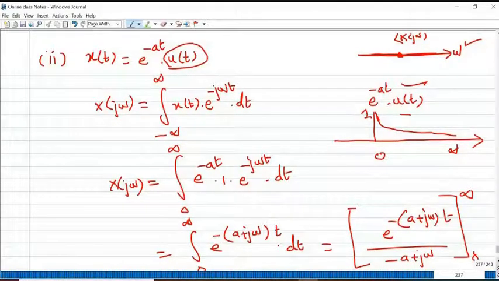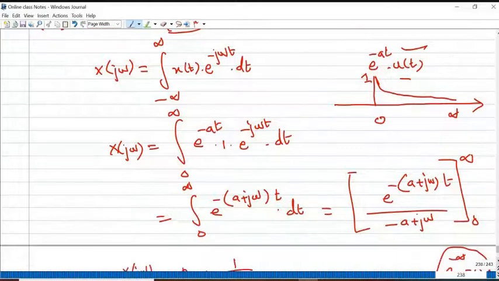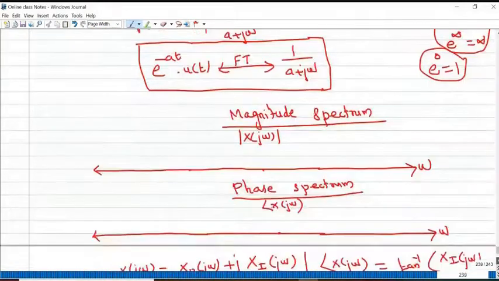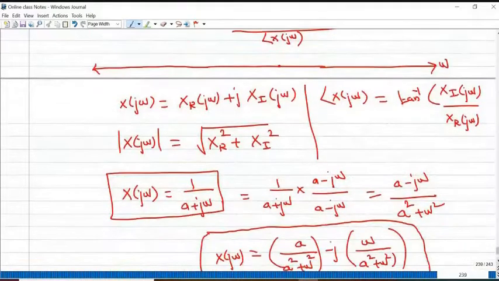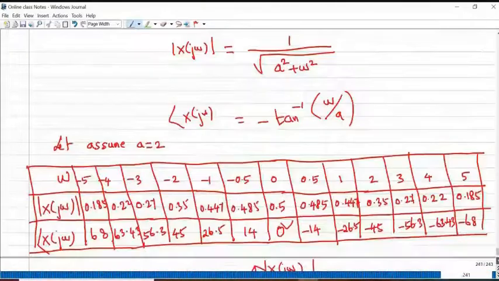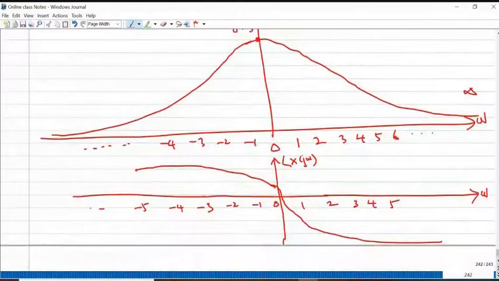In continuous time Fourier transform, both the magnitude spectrum and the phase spectrum are continuous: omega versus modulus of X(j omega), omega versus angle of X(j omega). So after finding your X(j omega), calculate the magnitude spectrum and phase spectrum with the help of this formula, and draw the diagram clearly.